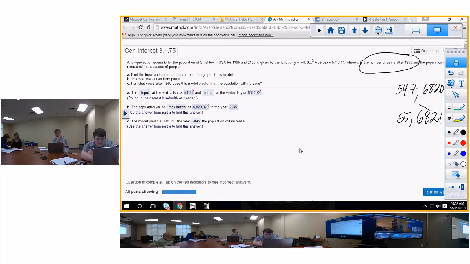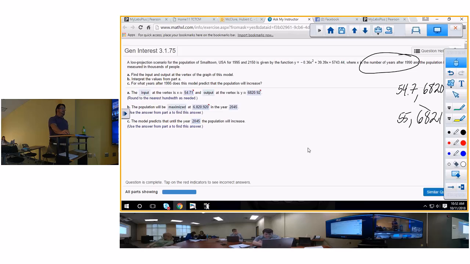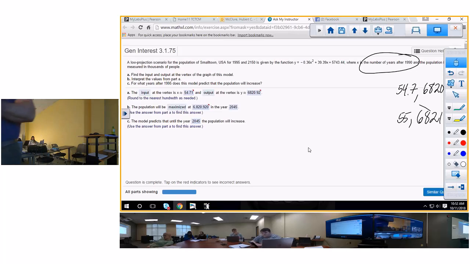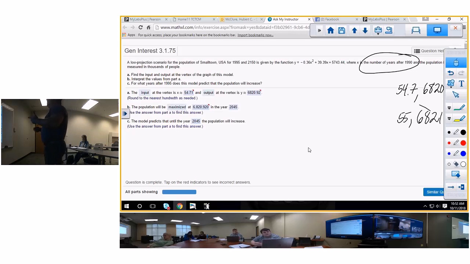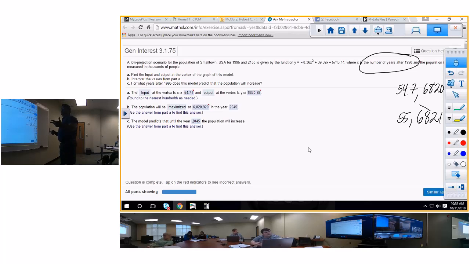So this is a good calculator question. And like I say, if I give you a test on these first three, I mean just completing the square, 80% of this test is going to be by hand completing the square. The rest of it will be either a calculator question like this, or one of those projection, throwing the ball up in the air questions.